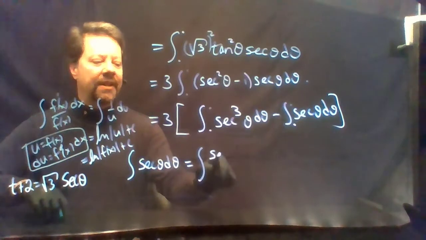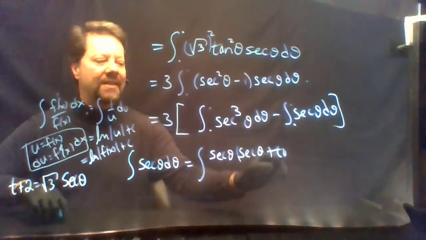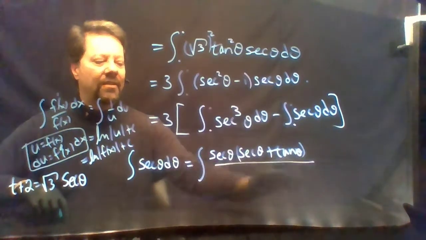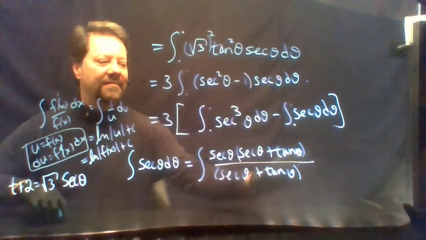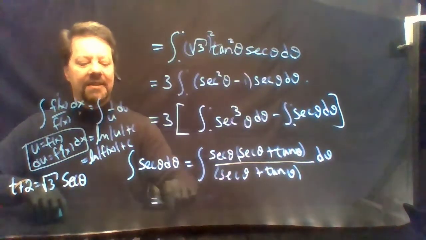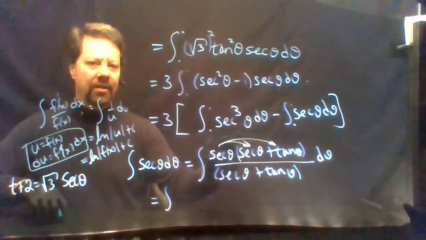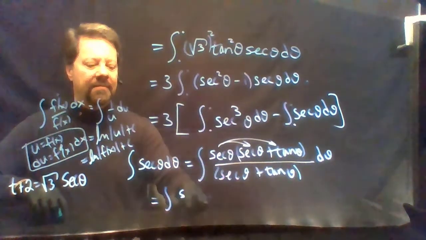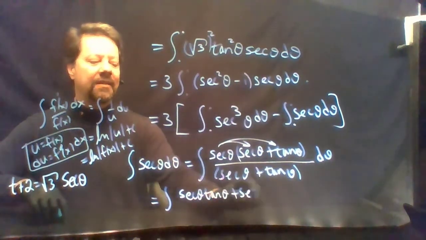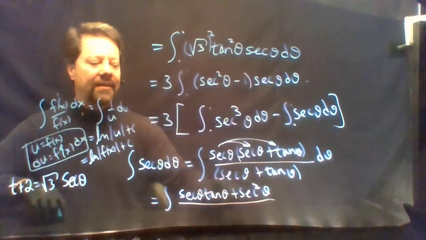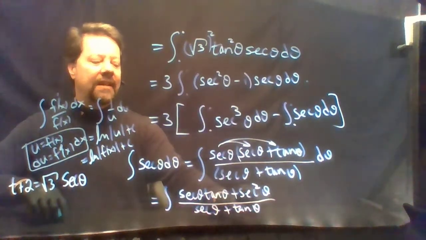What we're going to do is multiply secant theta by secant theta plus tangent theta over secant theta plus tangent theta, because that will give us, if we distribute and then reverse the order of the sum, secant theta tangent theta plus secant squared theta divided by secant theta plus tangent theta.